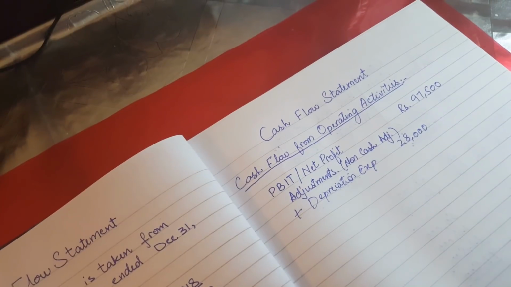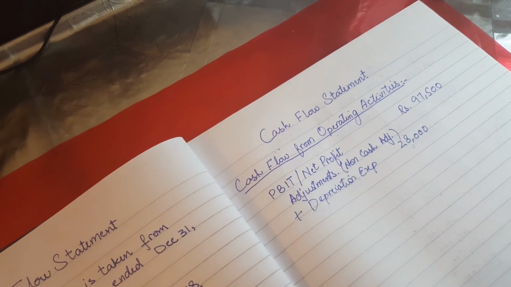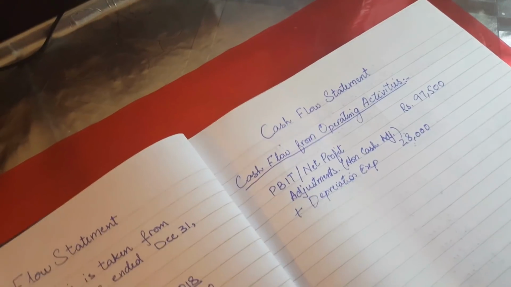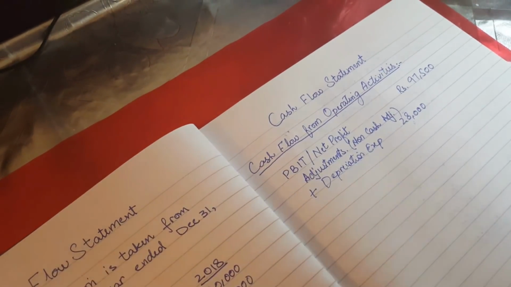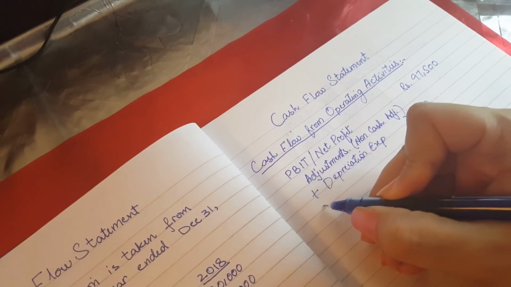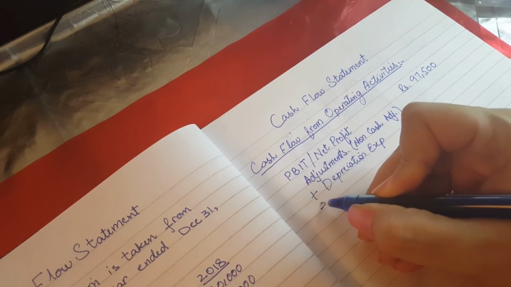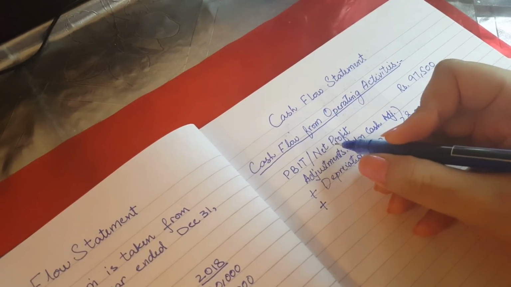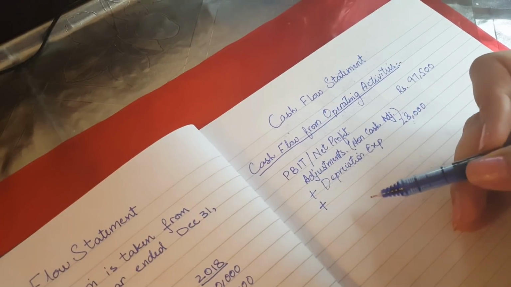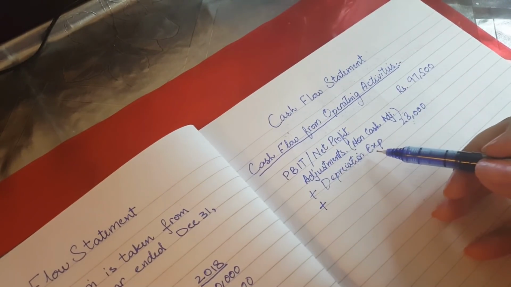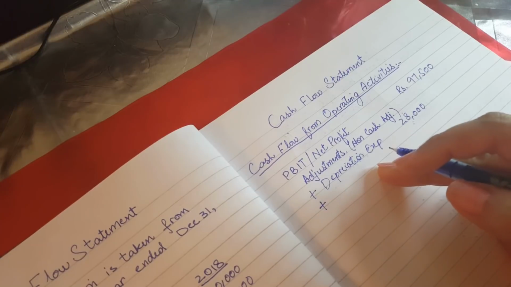So the adjustment value for amortization is also an add to the net profit, because in the income statement we have deducted this amount, the amount of amortization.